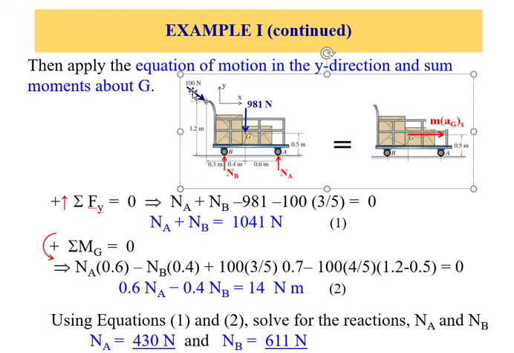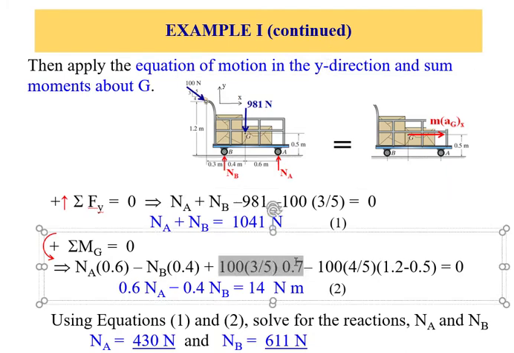The Y component is 3 over 5 multiplied by 100, and to get that moment you multiply it with the normal distance from here to here, which is 0.7, and it's counterclockwise, so you have it there, as well as the last component, which is the X component of the 100, which is 100 times 4 over 5, and that tends to rotate the object clockwise, so that's why we have a negative, multiplied by the distance from here to there, which is 1.2 minus the small distance, 0.5.